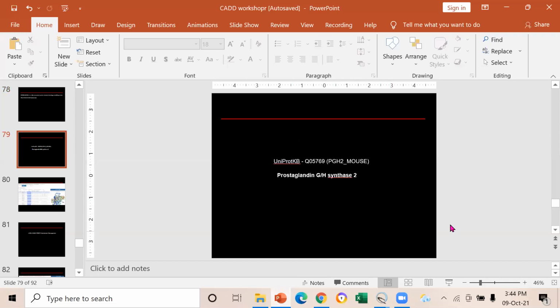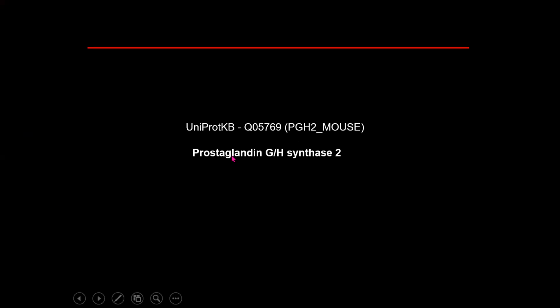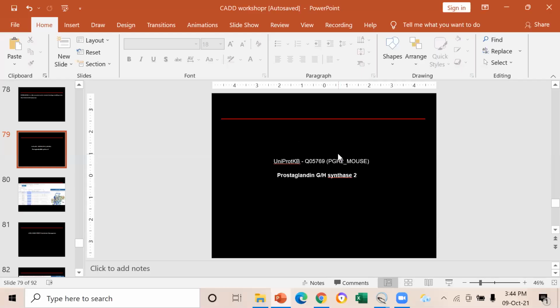I put in this particular one, the sequence of prostaglandin synthase 2. Prostaglandin synthase 2 enzyme is also called the cyclooxygenase 2 enzyme, involved in inflammation and the prostaglandin pathway of inflammation. So I just put it in there.